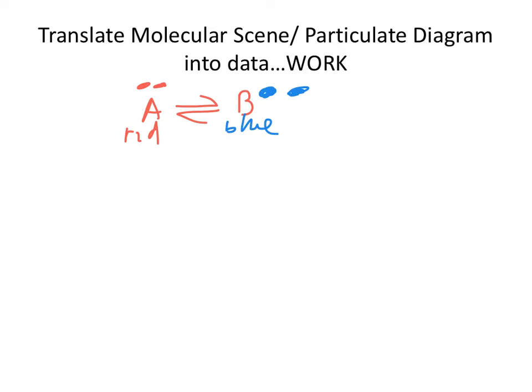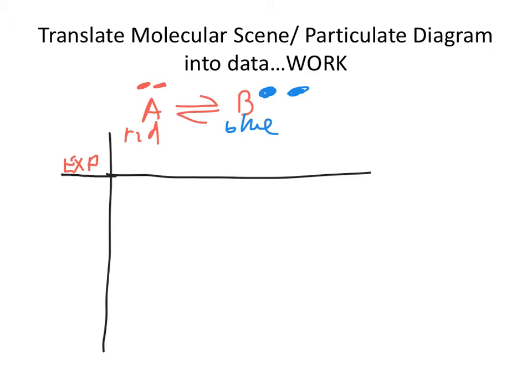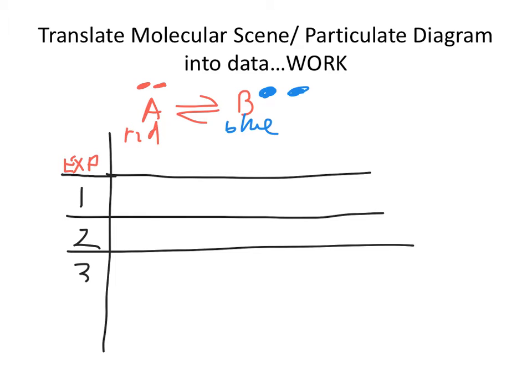And we'll go back to, let's make a chart. We're going to make a data chart. So experiment number, let's put it back in black ink. Experiment number will be here. And we have experiment 1, experiment 2, experiment 3, and experiment 4.